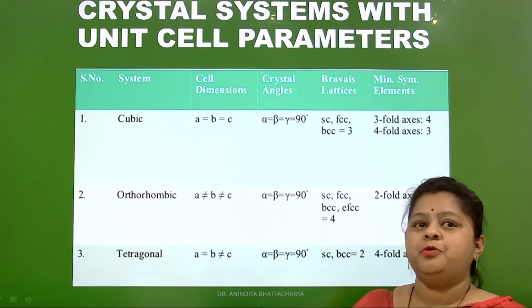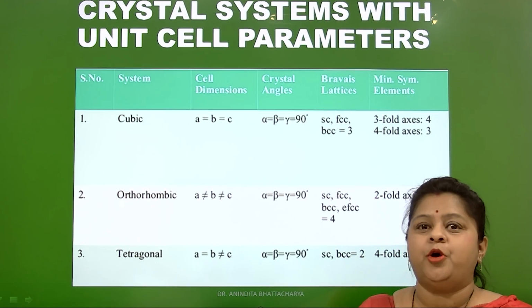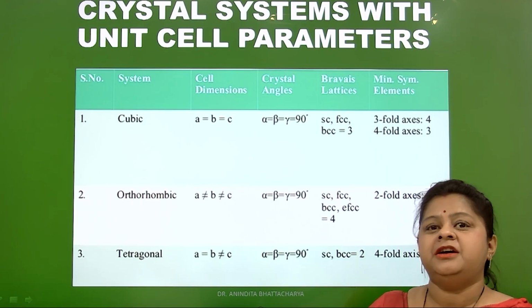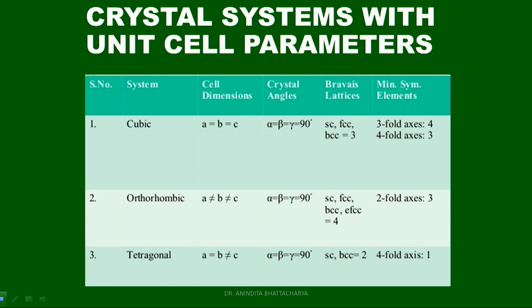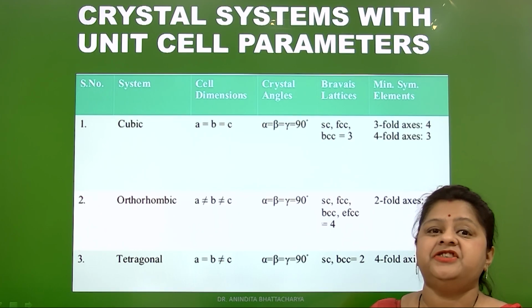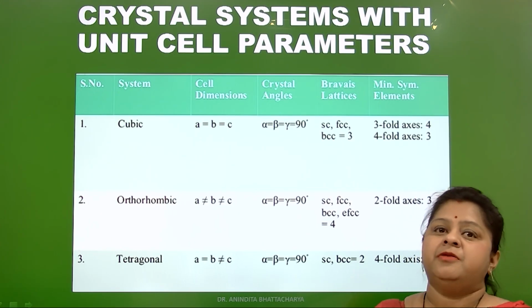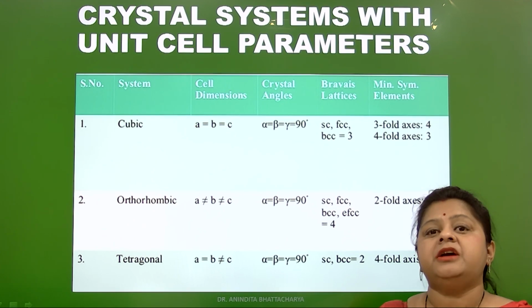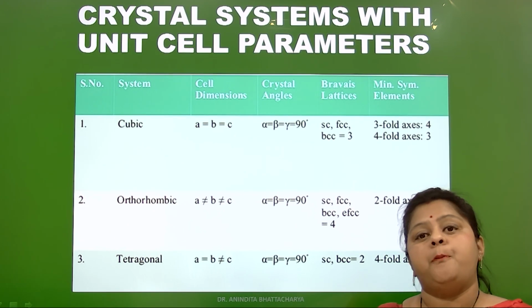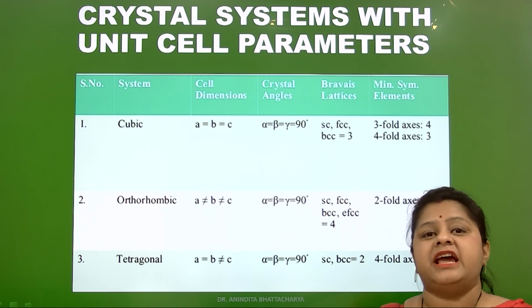So after cubic, we come to orthorhombic. In orthorhombic, no sides are equal, that means neither a = b nor b = c, but all the crystal angles are equal to 90 degrees. In this, we have all the 4 types of Bravais lattice: simple, face-centered, body-centered and end-face-centered.